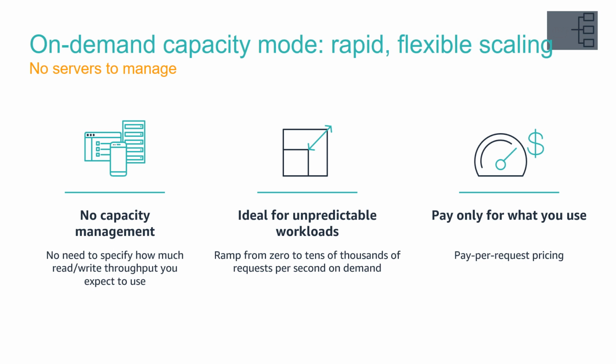So it means that, like most of the services we have at AWS, you're consuming only on demand for what you need at the moment. It offers simple pay-per-use, pay-per-request pricing for read and write requests, so that you only pay for what you really use. And it makes it easy to balance costs and performance.